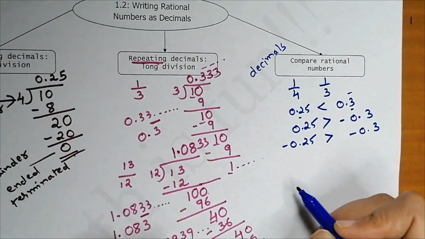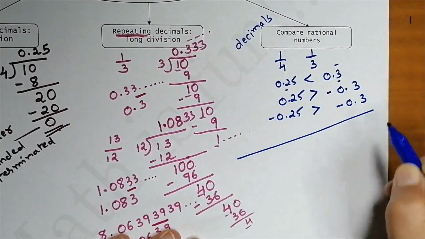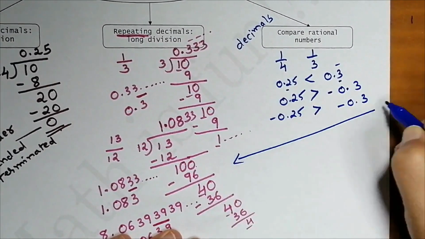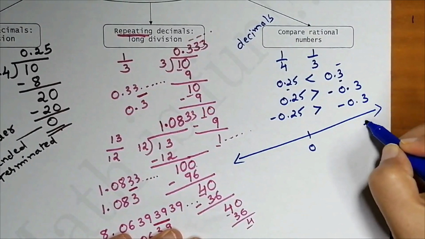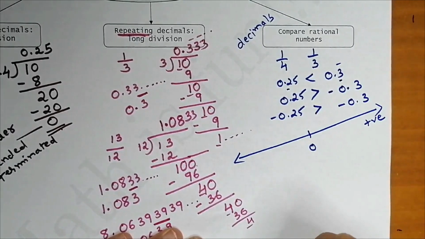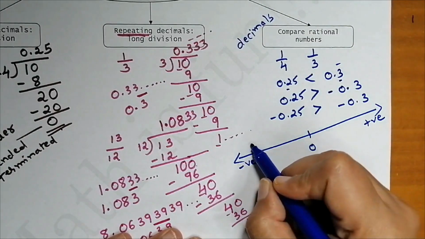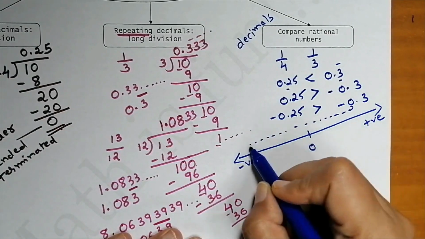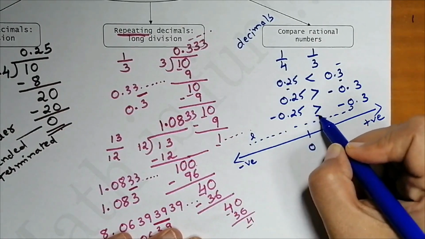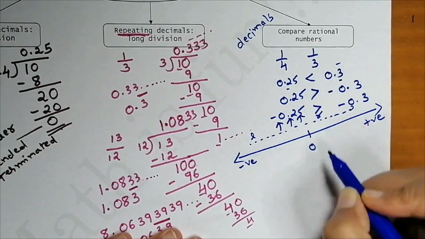Okay, let us understand this with the help of a number line that we are so used to referring to, right? So here is the number line that we have. Here is our 0, and we know on this side we have positive numbers and on this side we have negative numbers, right? So as we go from negative to positive, from left to right, the numbers keep increasing, okay?